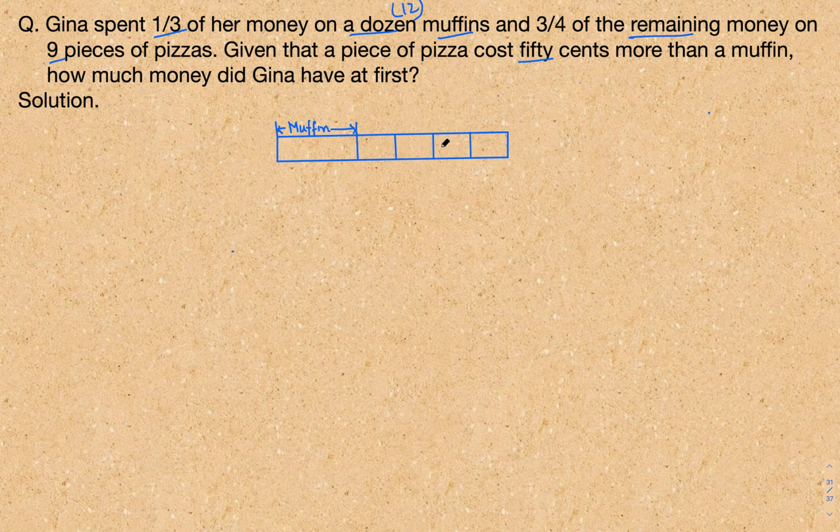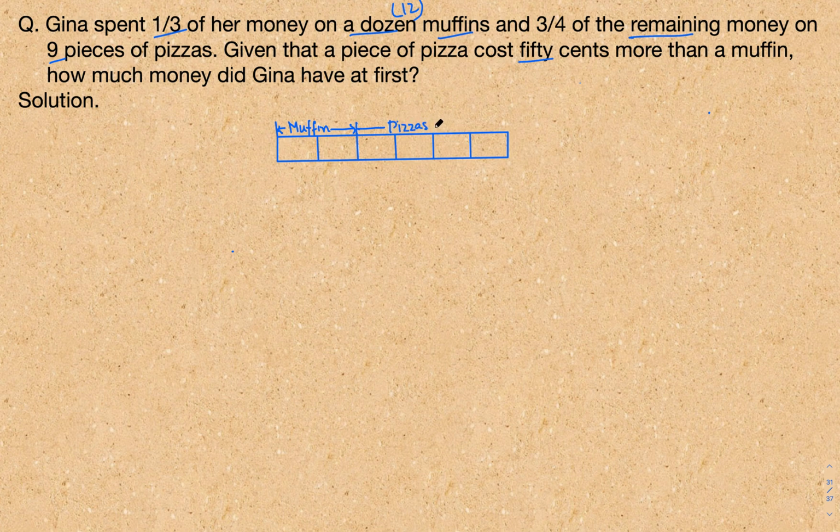So see, now the remaining money is in 4 parts. But since we have divided these 2 units into 2 equal parts, we must divide this one also, right? Now out of this remaining money, she has spent 3/4, means out of 4, 3 she had spent on pizzas.